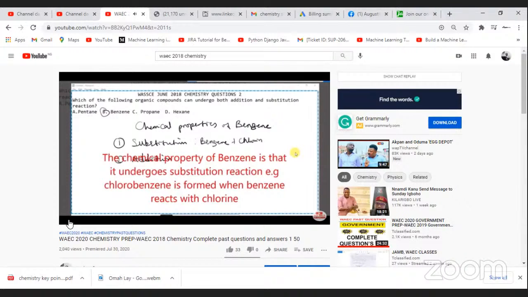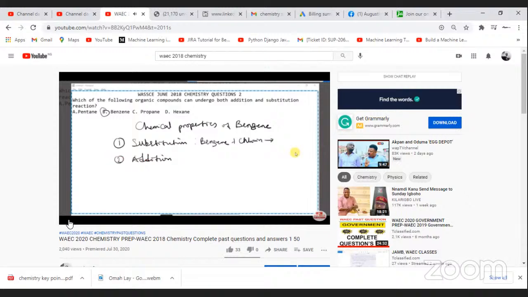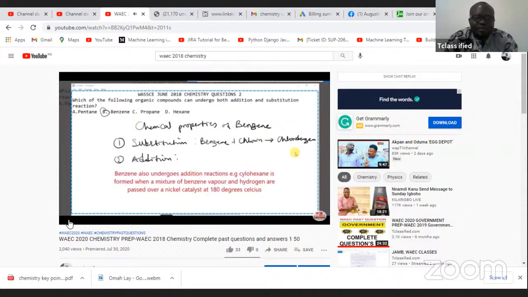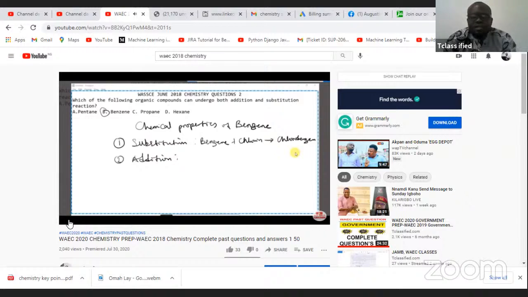So example of a substitution reaction is the one that benzene has with chlorine to form chlorobenzene. Very, very important. So this very question, you can get the answer from chemical properties of benzene.